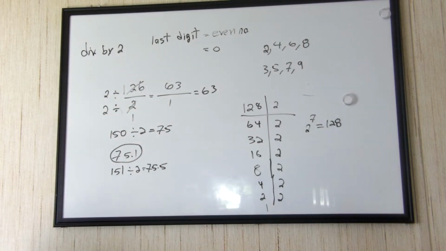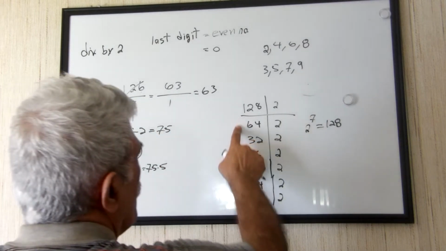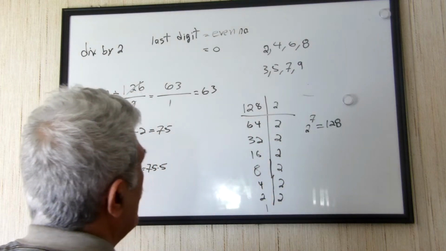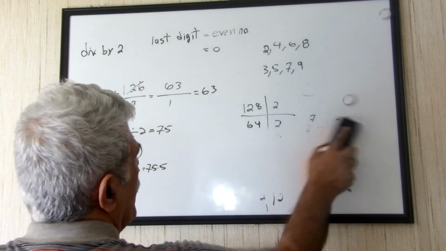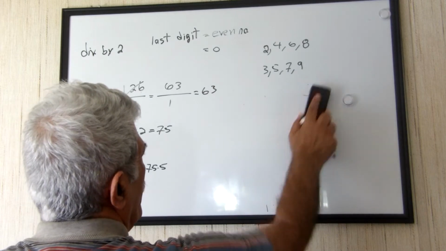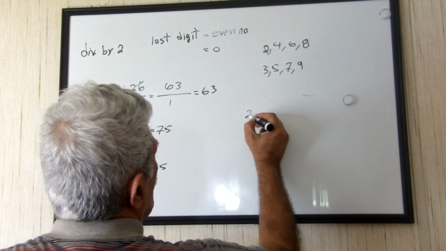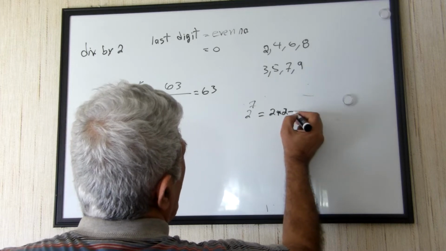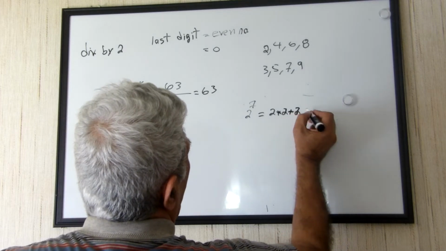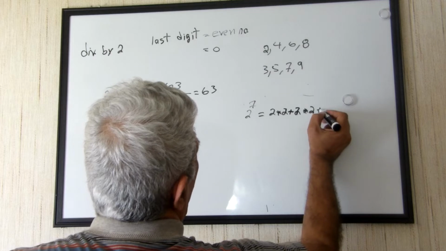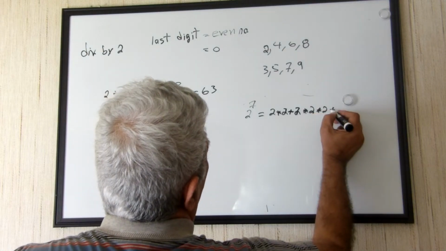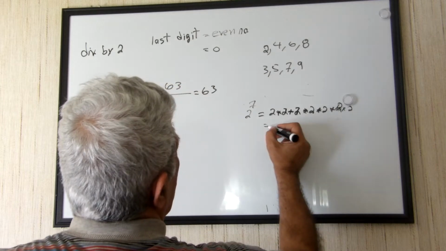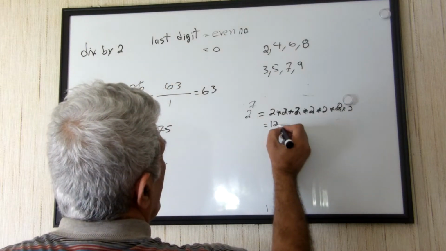All these numbers are divisible by 2 because at the end you see that it's an even number. 2 to the power of 7 means you multiply 2 seven times, and it's going to be 128.